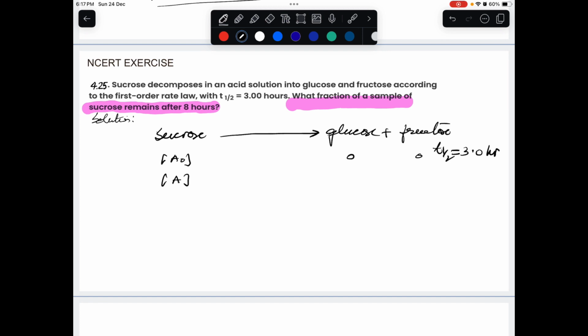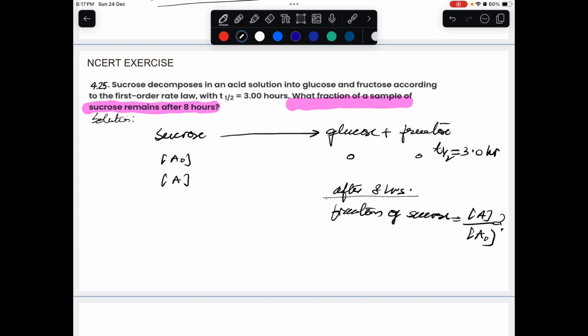They have given 8 hours, so we have to calculate the fraction of sucrose after 8 hours. Fraction of anything is what? It will be the quantity which is left divided by the original quantity. This will give you the fraction, and we have to calculate this value after 8 hours.